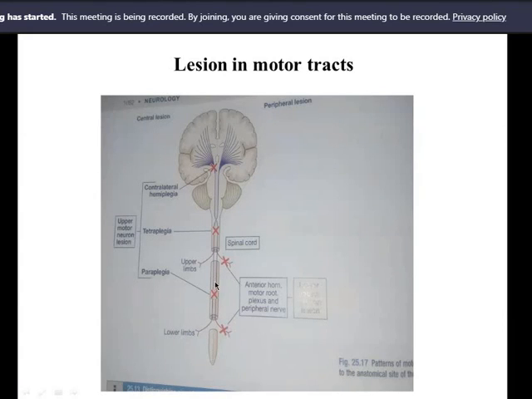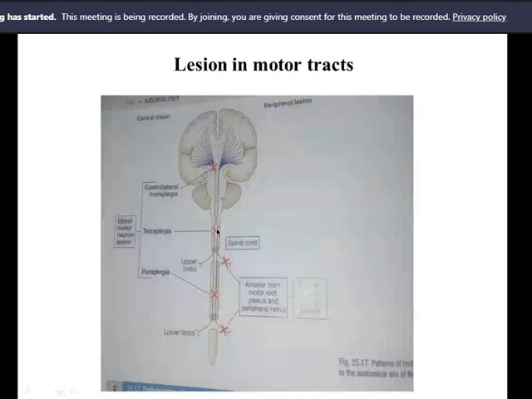Then that is in the C level. There are C1, C2, C3, C4, C5. So you know that for biceps jerk, what is the center? C5, C6. Okay. So if there is a lesion in the C5, C6 area, this line and this line both are cut. Upper motor neuron of this side and the opposite side both are cut.